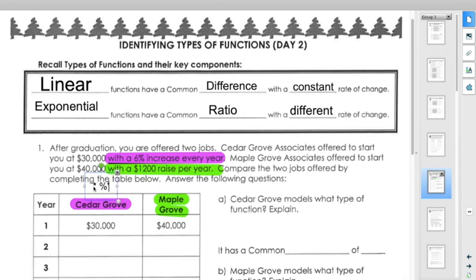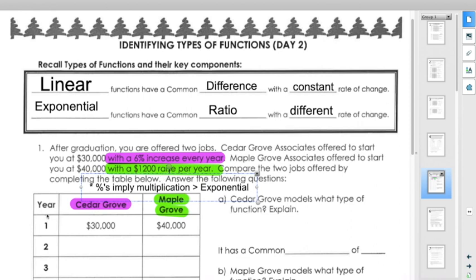Percents imply multiplication. And if it's multiplication, you better well believe that is exponential functions. If I'm multiplying to get to my next number, that is absolutely exponential functions.